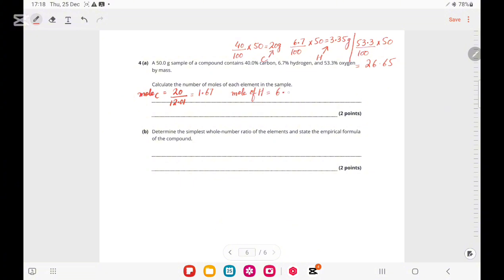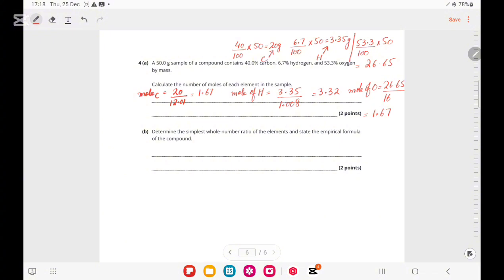It's 3.35 divided by 1.008, and that comes out to be 3.32. And then we have to find the moles of oxygen, which is 26.65 divided by 16, its molar mass, and it comes out to be 1.67.